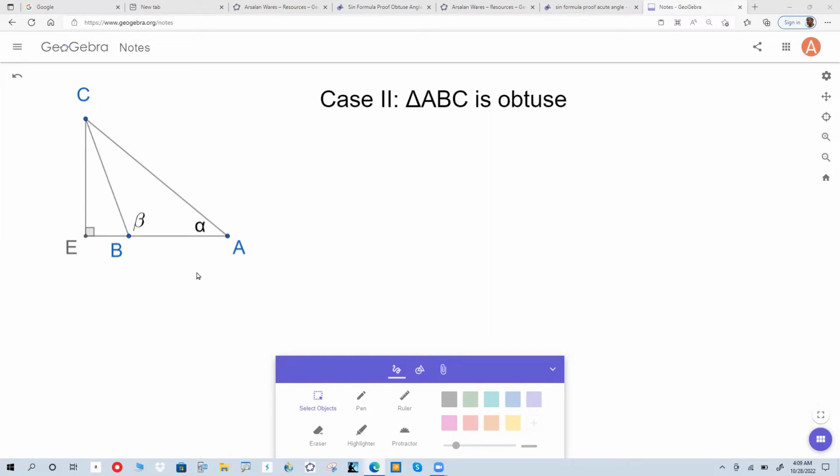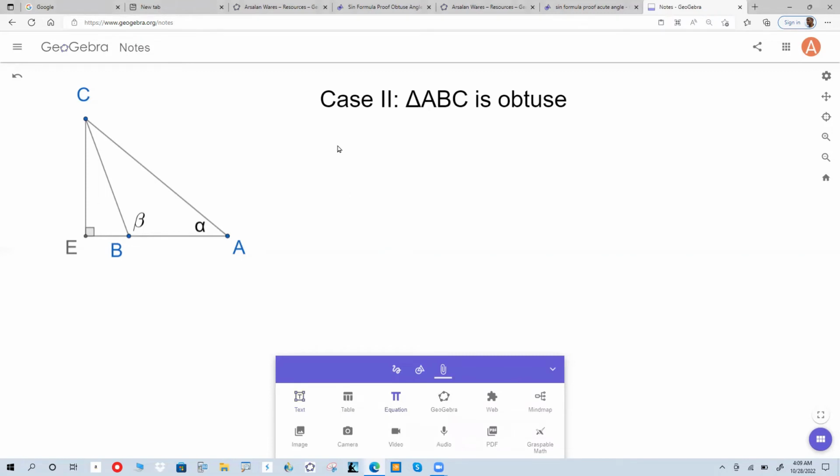Now, what I'm going to do here is something very similar to what I have done. I will express CE in terms of alpha and beta. I have to do a little extra work. Okay, so let's get to it.